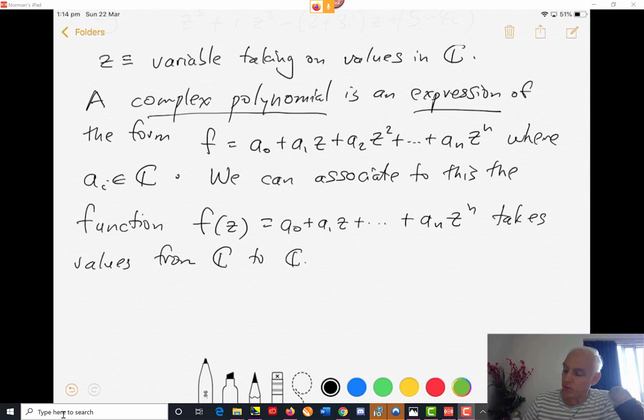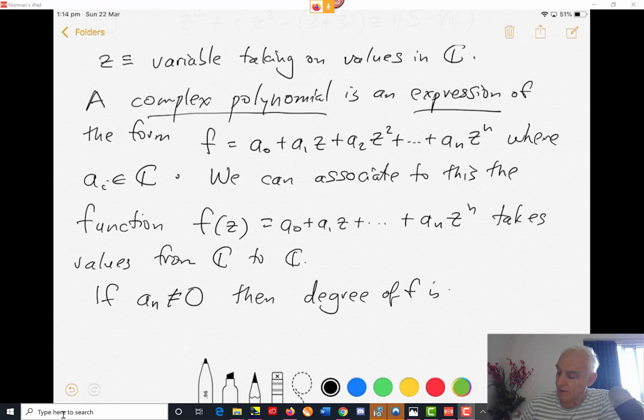Okay, and what about the degree? So if the top coefficient, a sub n, is not equal to 0, then we say that the degree of f is n, i.e. we might write degree of f equals n.